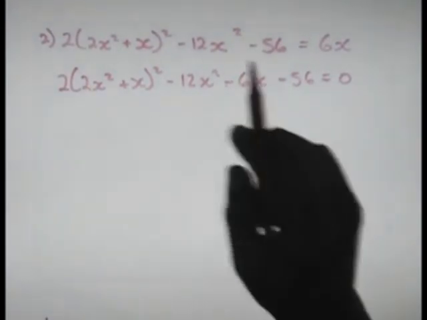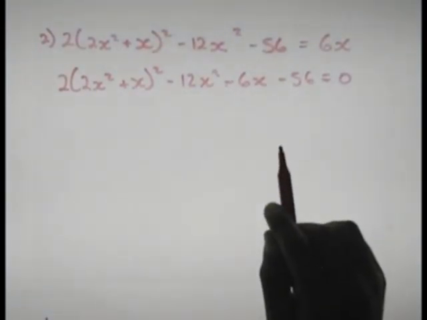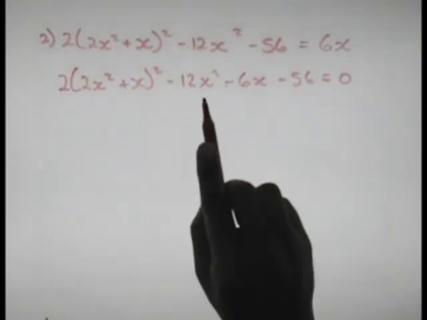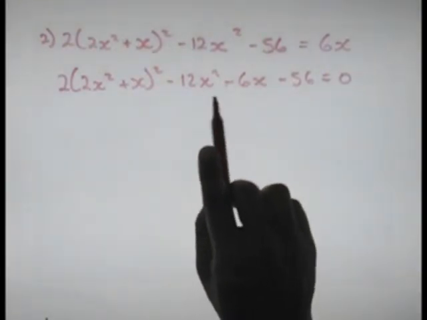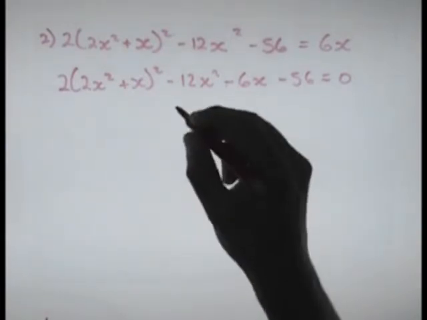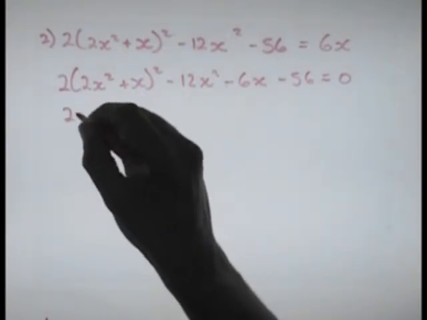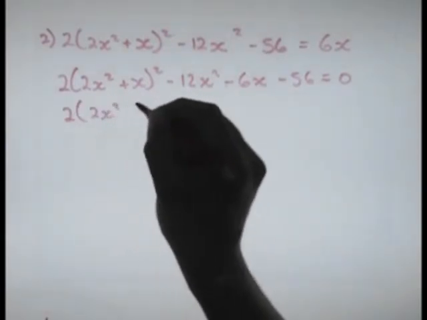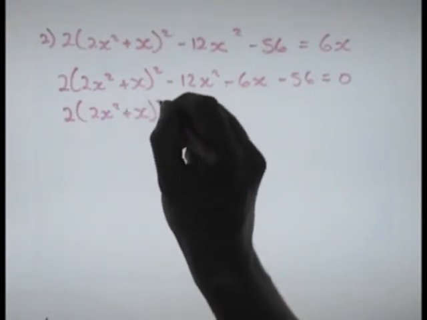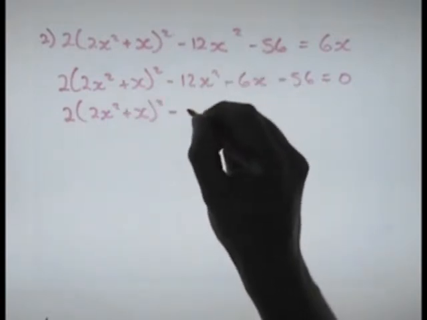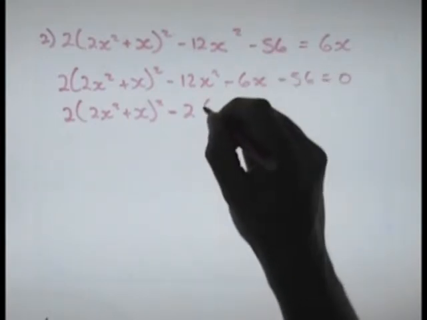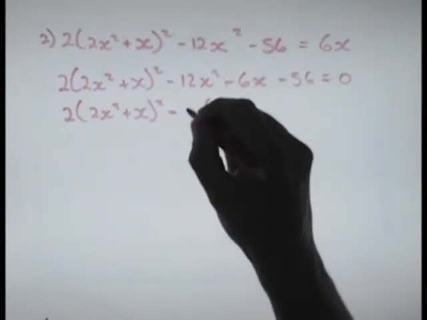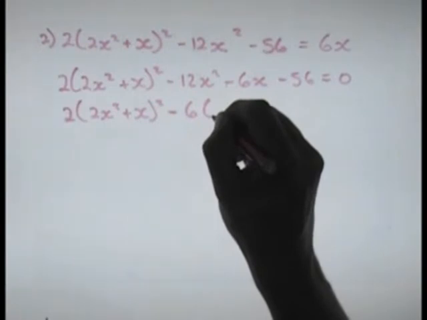What I'm now going to do, this one requires a little bit more creativity. I'm going to take out a common factor of negative 2 here. So I'm going to leave this as 2 multiplied by (2x squared plus x) all squared. Common factor of minus 2. No, why don't I take out a common factor of minus 6?